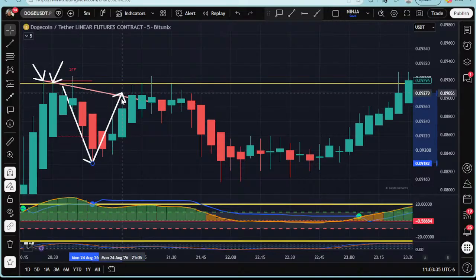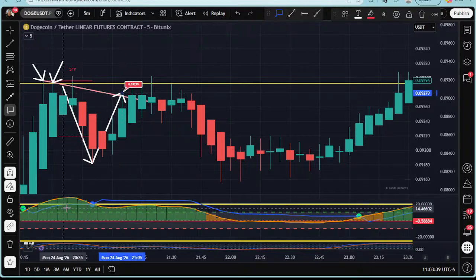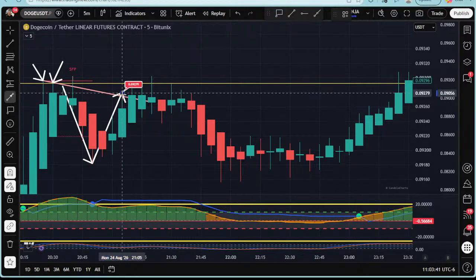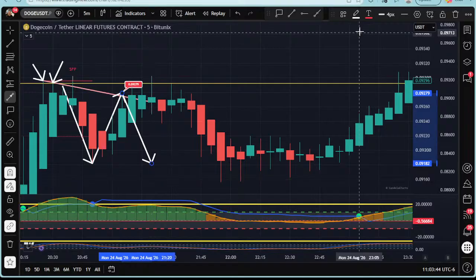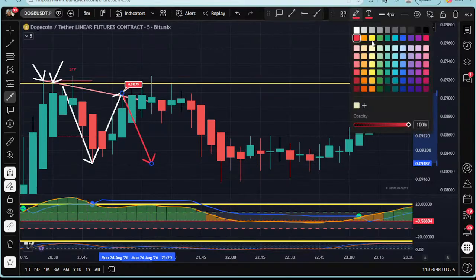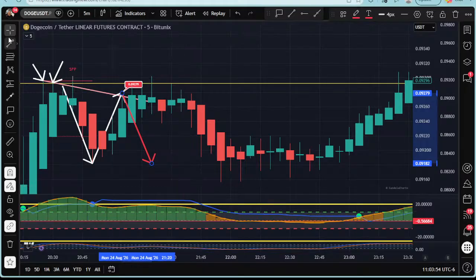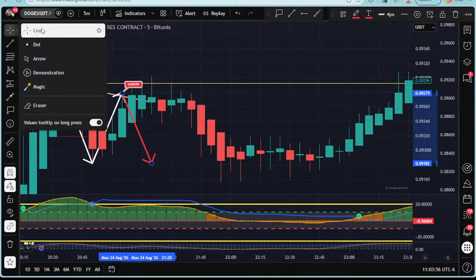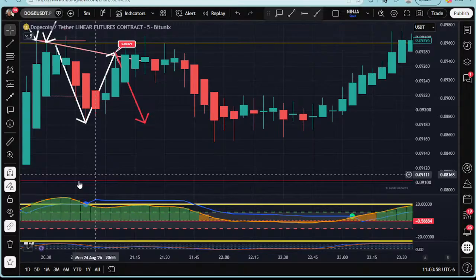It's supposed to reject, which means your entry would be here. And then the next move down, which would be here, would be twice the size of the original down move.